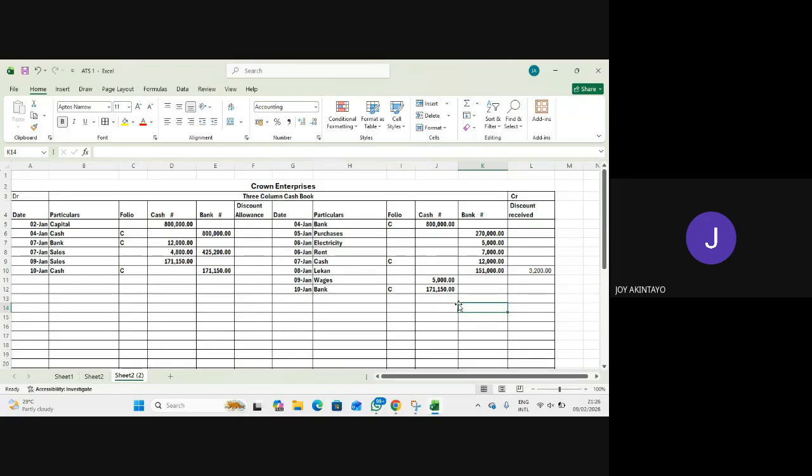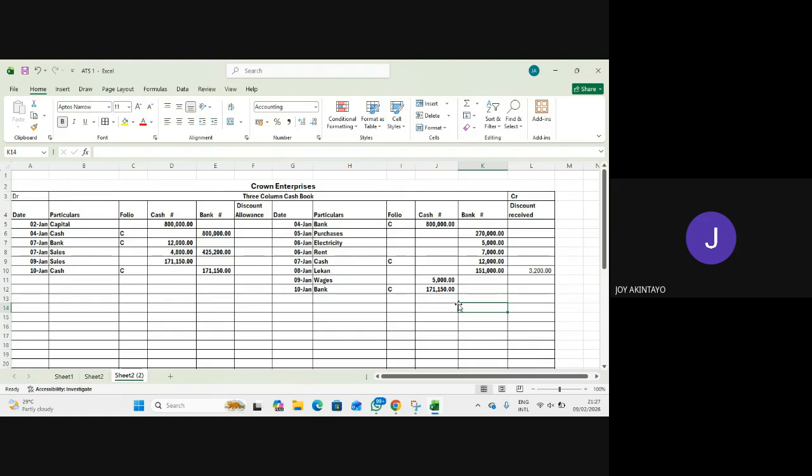Next thing, bought stationeries for cash, 5,000 naira. How do we treat this?